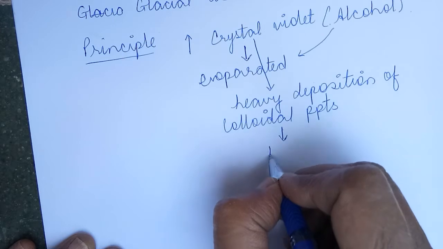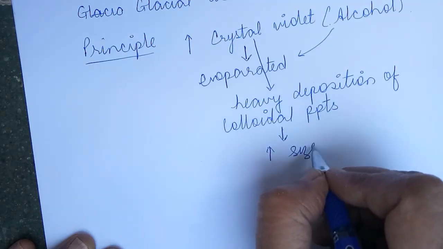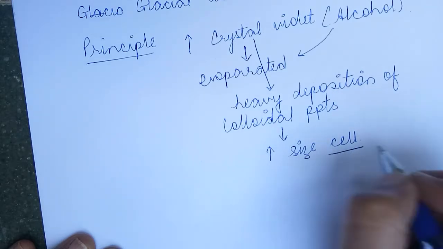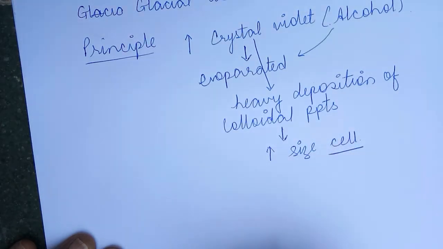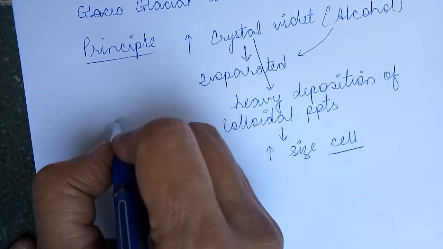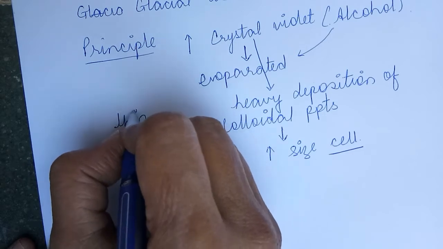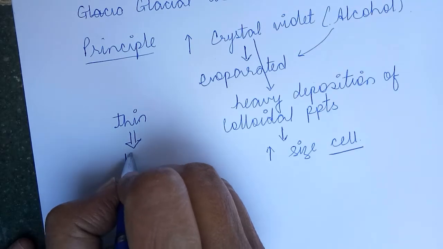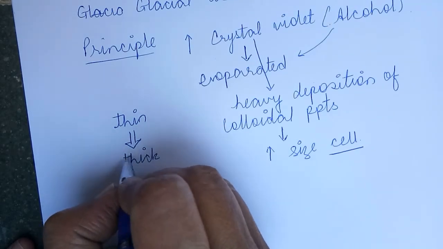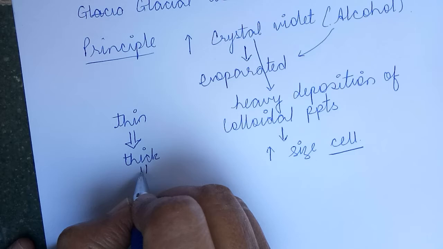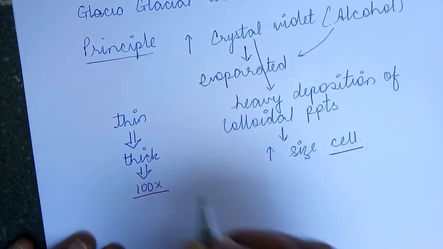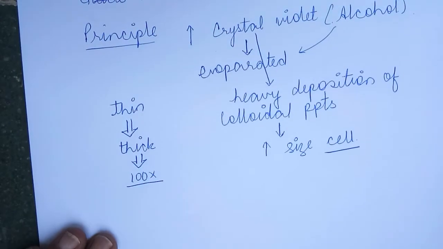That is why there will be an increased size of the cell, and we are able to observe this apparently bigger cell. So from thin rods they become thick rods, which can be observed using the oil immersion lens, that is 100x.